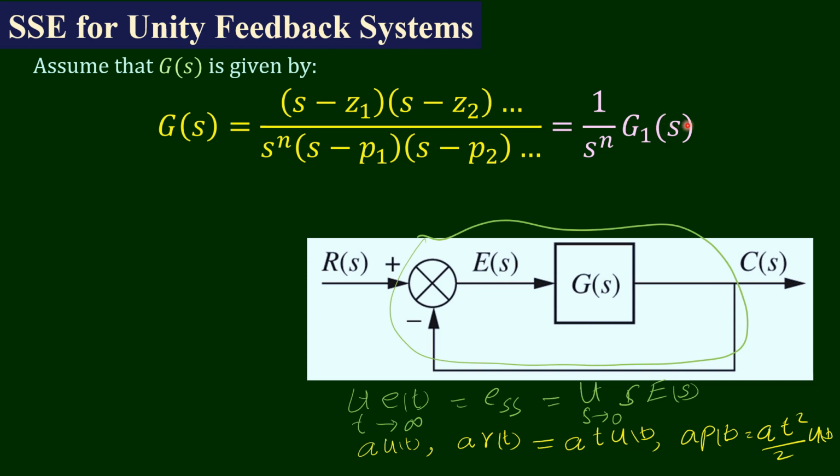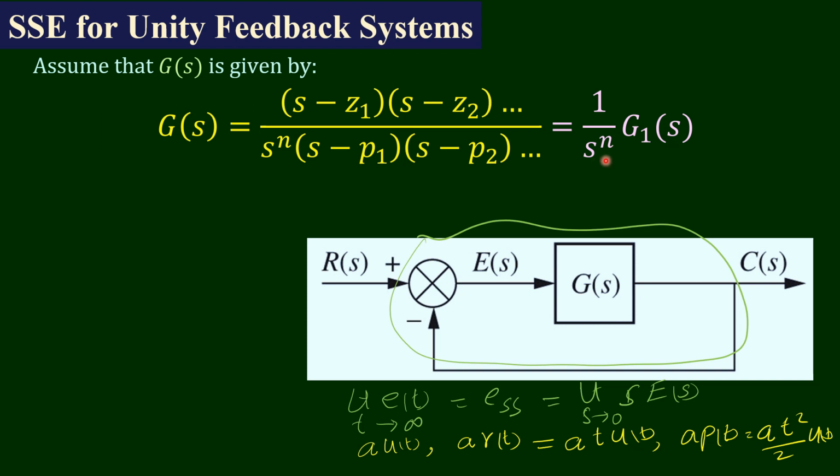Now G1 of s has no pole at the origin, while 1 over s to the power n, these are the number of pure integrators. Like if n is equal to 3, this means there are 3 pure integrators associated with the transfer function G1 of s.